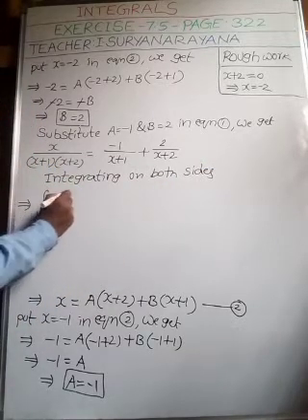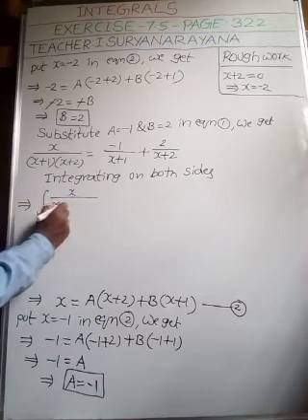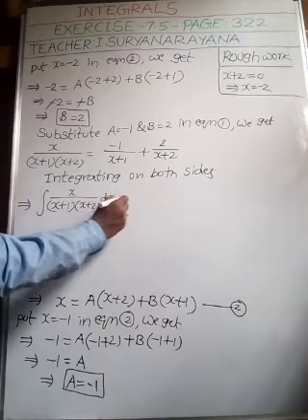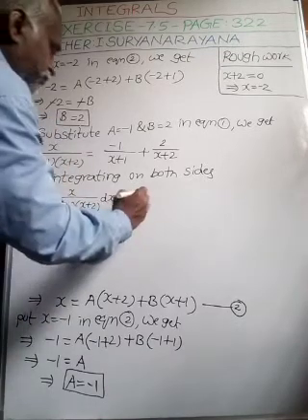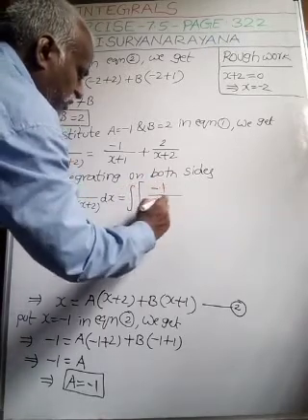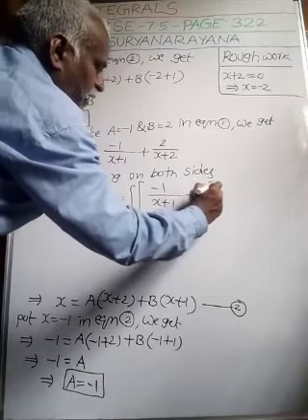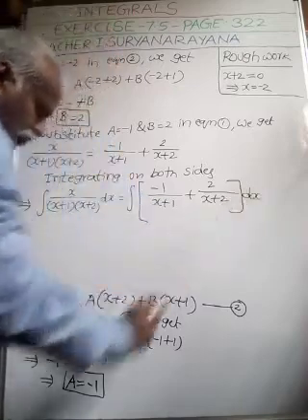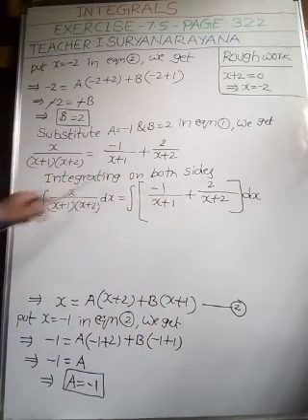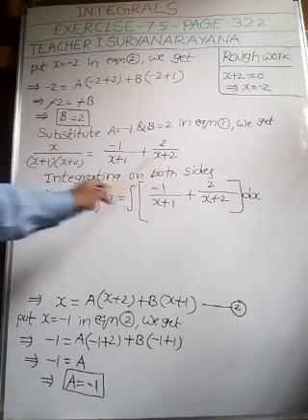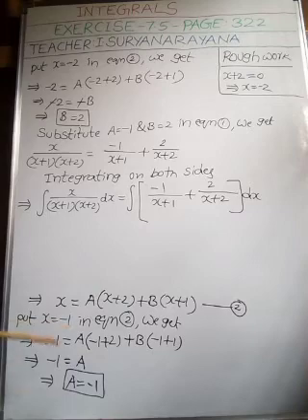Integral x by x plus 1 into x plus 2 dx is equal to integral minus 1 by x plus 1 plus 2 by x plus 2 dx. Okay, my children, we are taking the integration on both sides, then we get this step. Understood? Right.